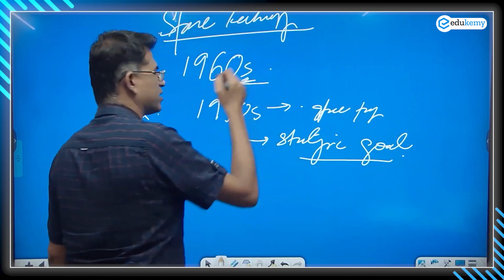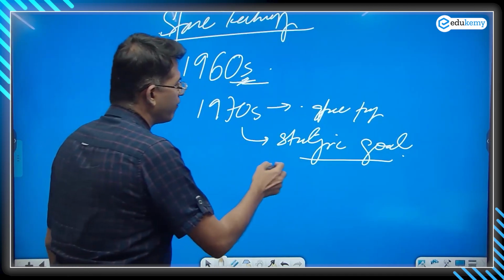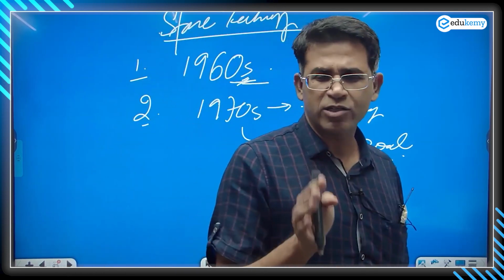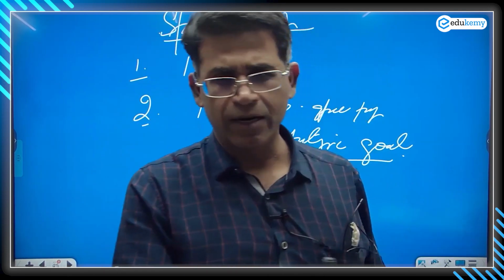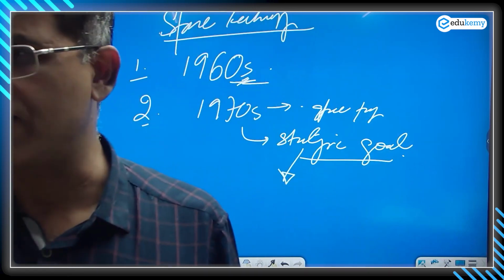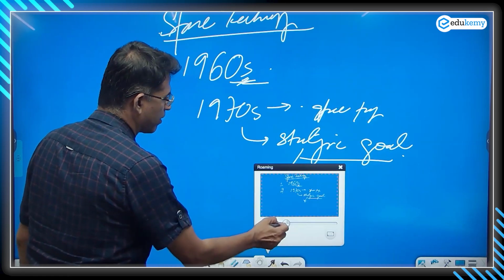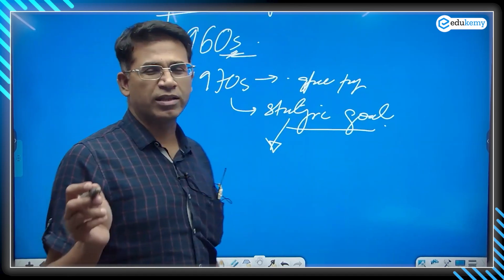It started very modestly in the 60s. In fact, when the strategic goal was added, that is when ISRO was separated from the Department of Atomic Energy. It came under the Department of Space thereafter.